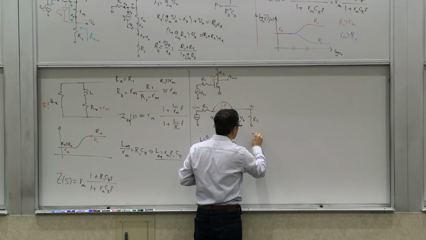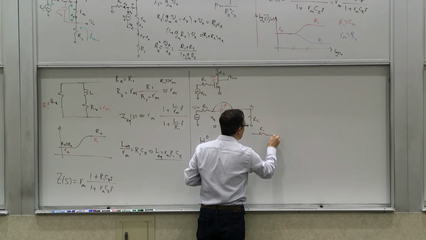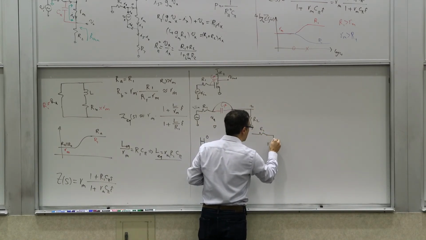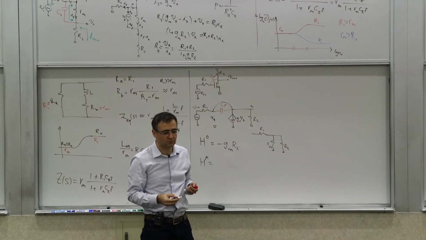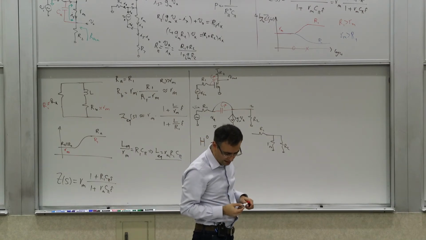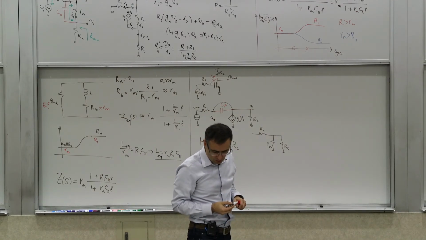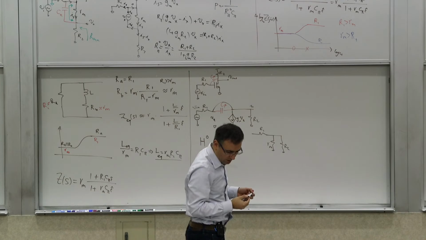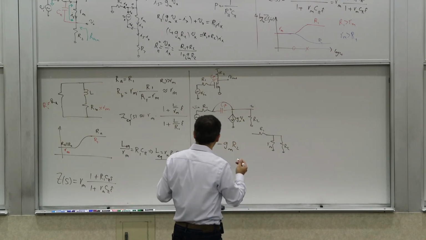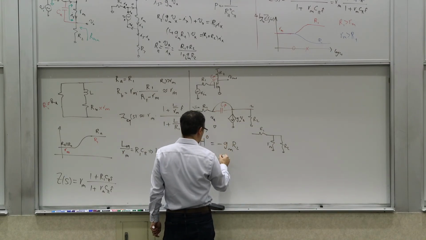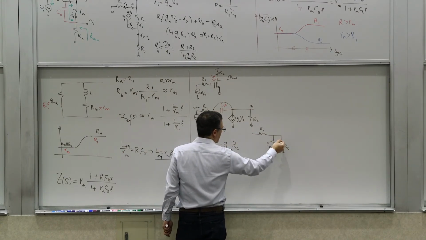So what is this network like? This network looks like this: R1, Rm, R2. So you're trying to calculate the gain of the transfer function of that thing. And that's pretty straightforward, right? Let's write it this way. It would be this thing divided by the total.